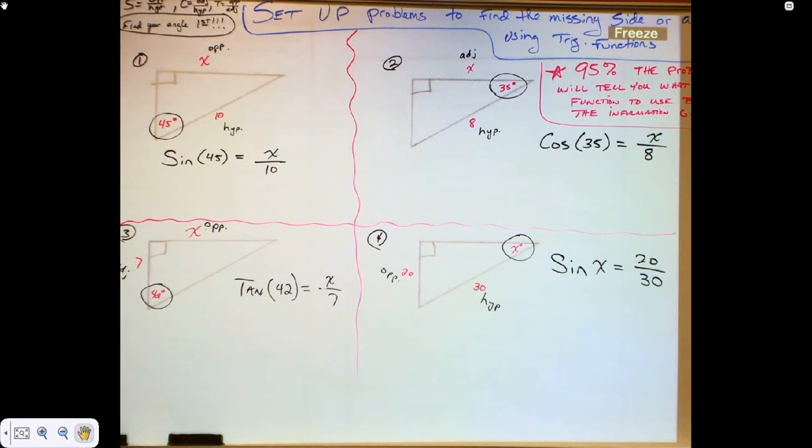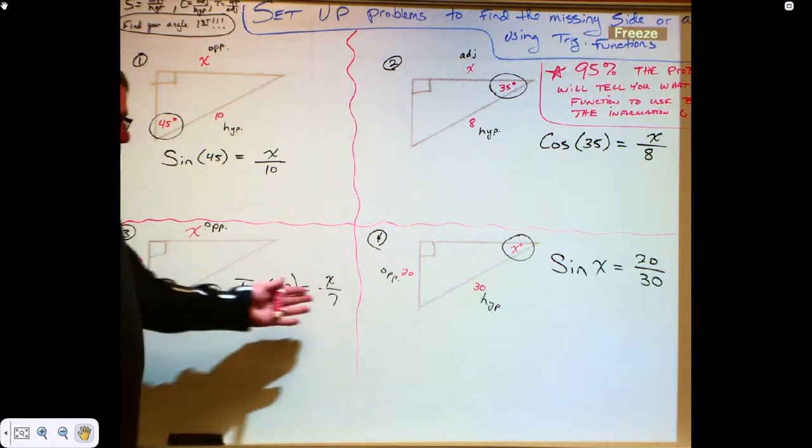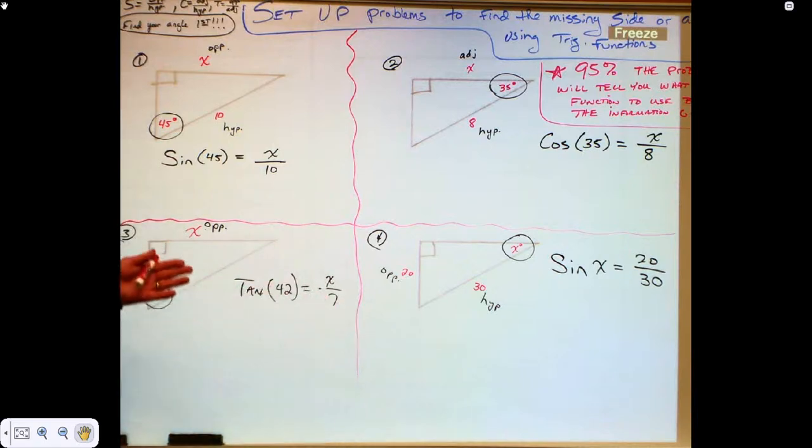A variable, correct? Those are ones where your unknown is your angle, isn't it? And it's good that those are separated on here because you solve those in a little bit of a different way. So change the question marks to X's. X or Y, Z, I don't really care. When you set it up, you're going to need to use a variable, correct? You don't use a question mark.